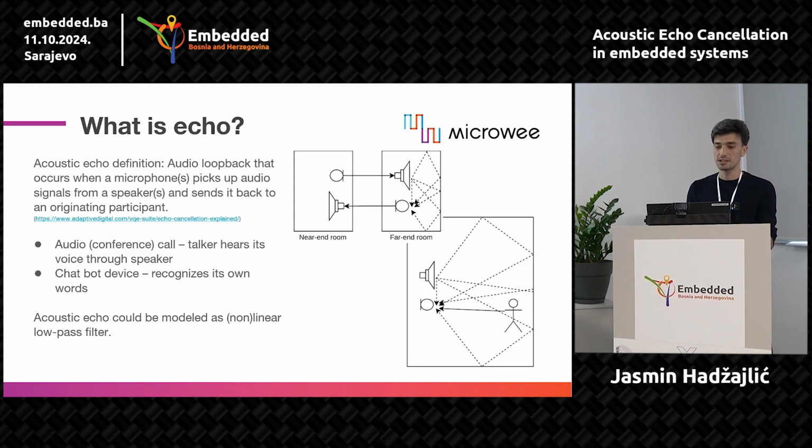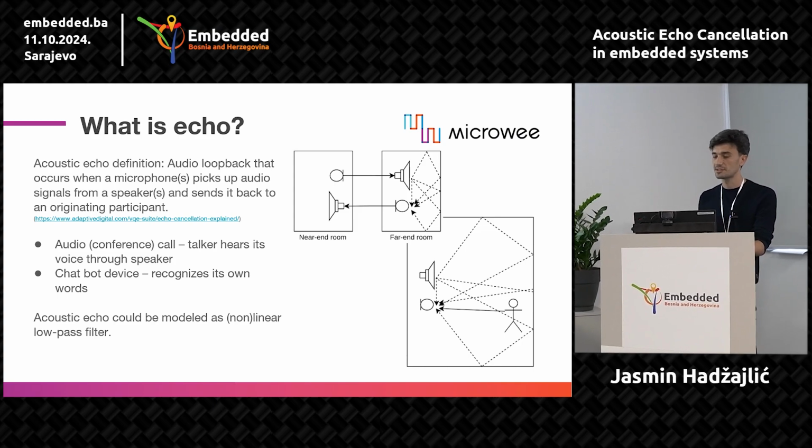Echo is actually a reflected signal that we get back on the source, and acoustic echo is an audio signal that we get back to the source of it. For example, we have echo in meetings and conferences. In the near-end room, we have a loudspeaker, as we have right now, and also one or more microphones, and we are speaking to someone in another room who has the same setup.